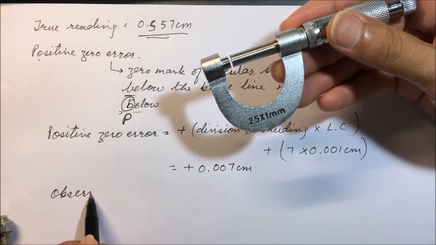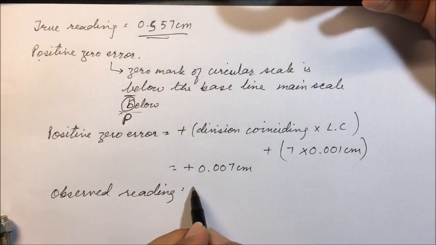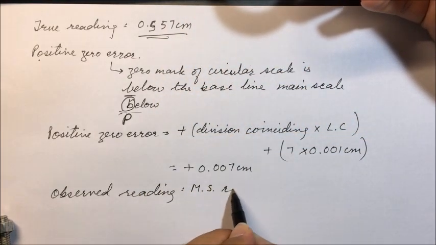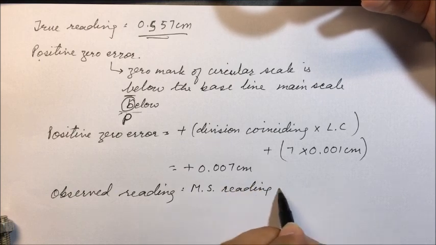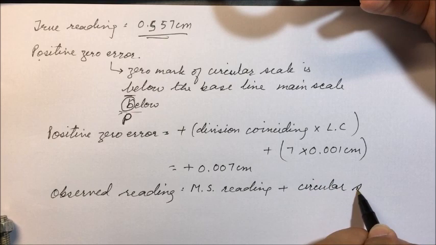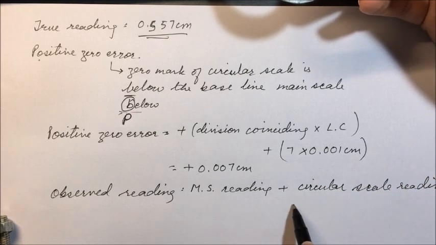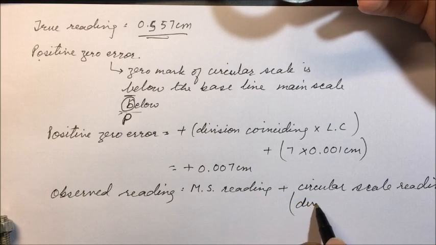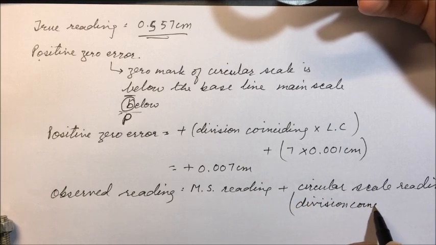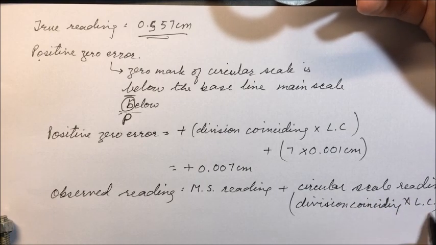Now if we make the reading with the instrument, our observed reading is equal to main scale reading plus circular scale reading, and circular scale reading is division coinciding into least count.